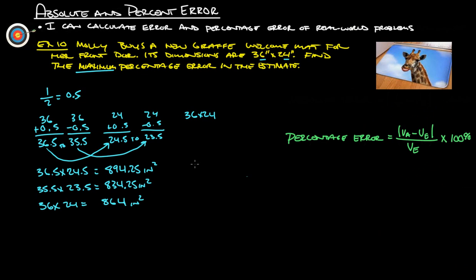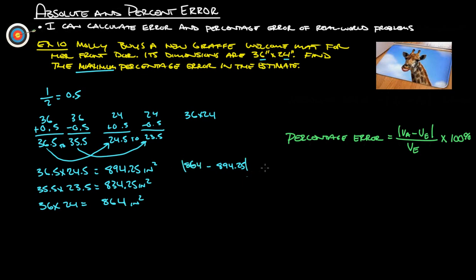Then we have to figure out which one has the biggest percentage error. So we take the exact and subtract it from the approximation. The exact could have been as high as 894.25, and our approximation is 864.